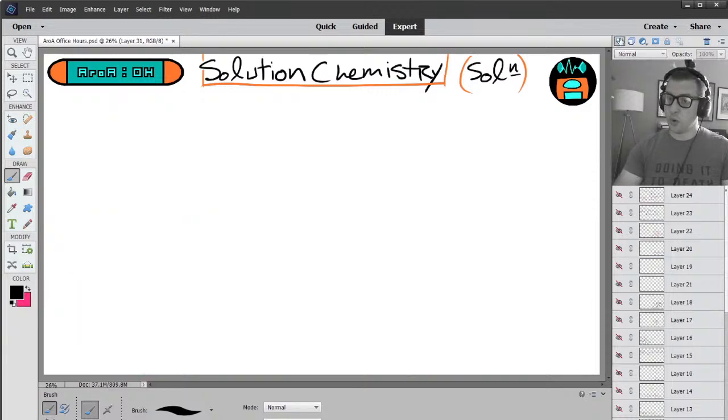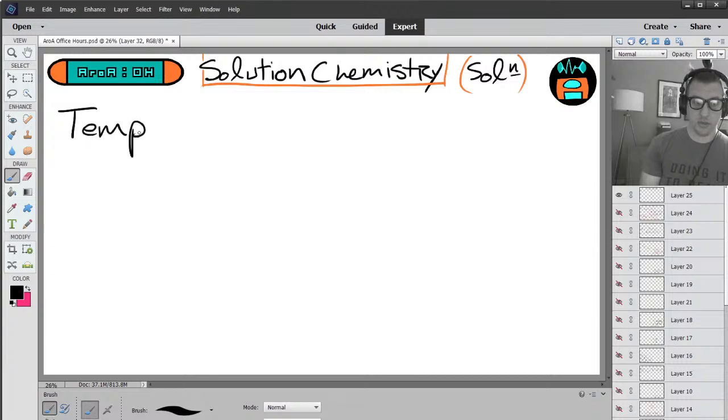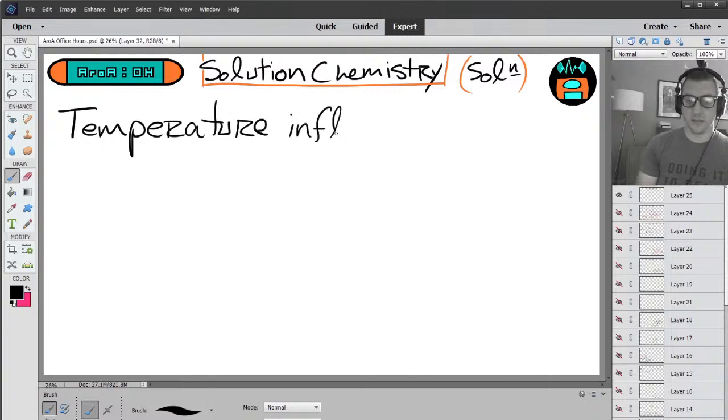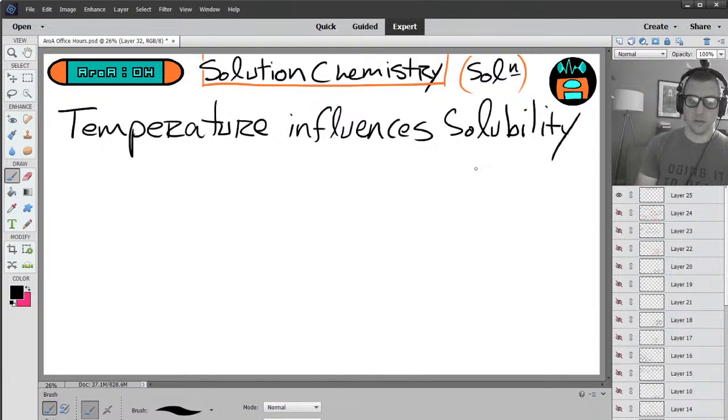One thing that's worth pointing out before we leave the topic of solubility is that temperature influences solubility in two ways.